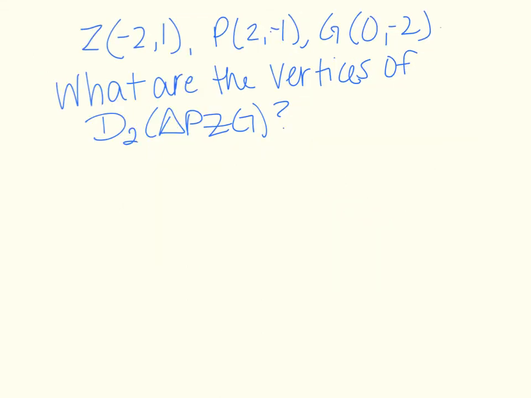All right, another example for you is how to find new vertices when you have a dilation. In this case, we have points Z, P, and G, and the question is: what are the vertices of the dilation with the scale factor of 2 of triangle PZG?